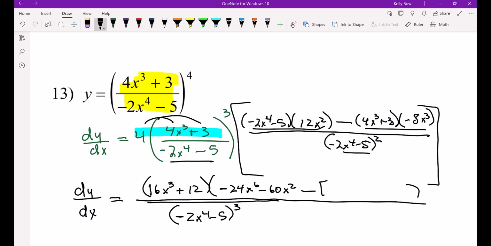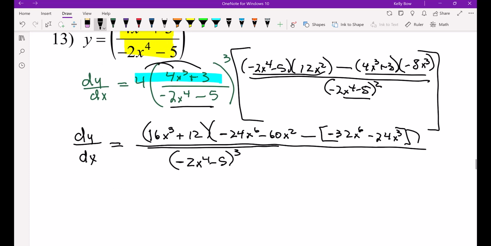And now we're going to subtract whatever's inside here. So we have a negative 32x to the 6th minus 24x cubed. And then you just keep simplifying that if you can. These can be multiplied further. This subtract a negative, both of those become add a positive.